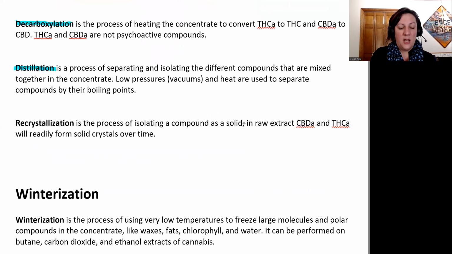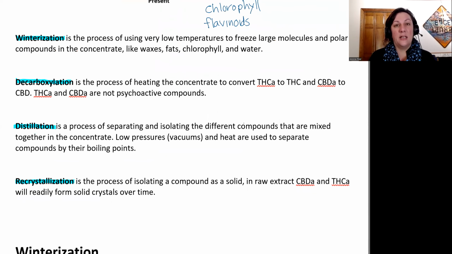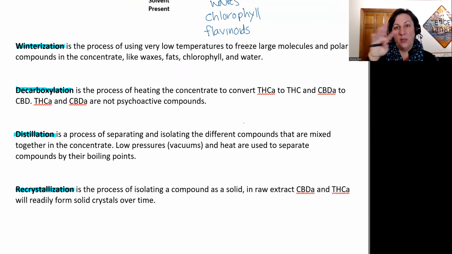And then lastly, we'll talk about recrystallization. That's the process of isolating a compound by converting it from a liquid in a solution into a solid that's isolated, that could be filtered and isolated from the rest of the solution. And crystallizations are used to isolate CBDA and THCA from other compounds like terpenes in a mixture.